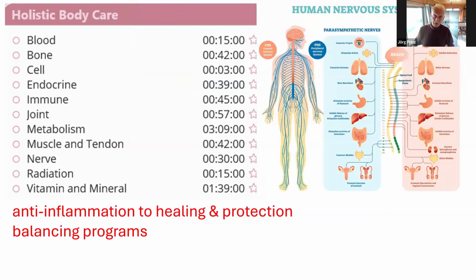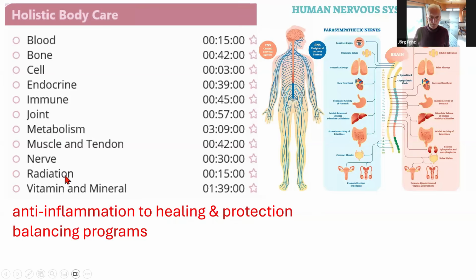But at nighttime, it should switch over to parasympathetic, to rest and digest. And if you can't fall asleep at nighttime, because a thousand things are going through your mind, this nerve program will help you with that as well, as much as it will help with peripheral nerve issues.